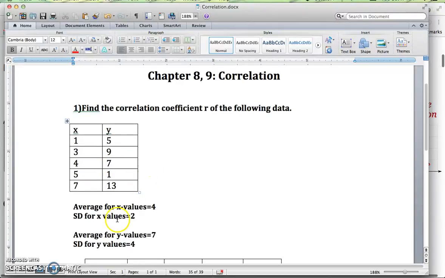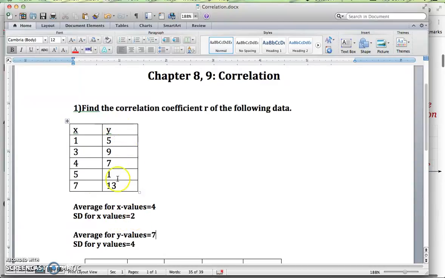So we have some values given to us already. Sometimes you might have to find these values, but you need to have the average x value, the average of all x's, meaning add them up, divided by 5 in this case. You also need to find the standard deviation of all the x values. Again, this is done from chapter 4. And we're given that the standard deviation for the x value is 2.